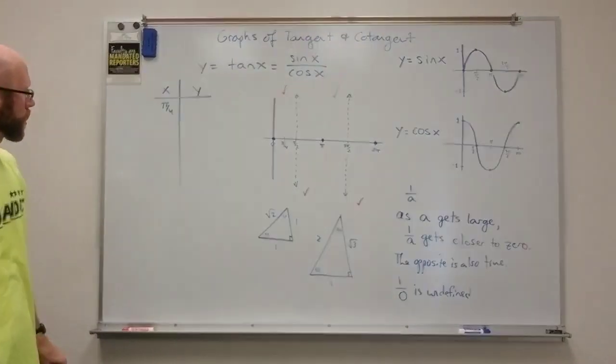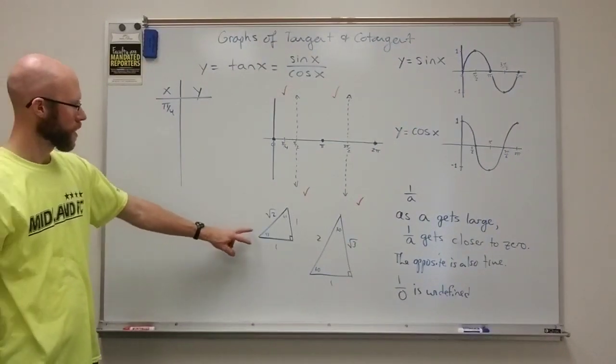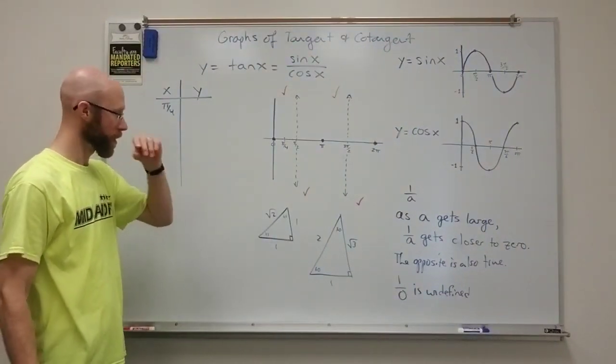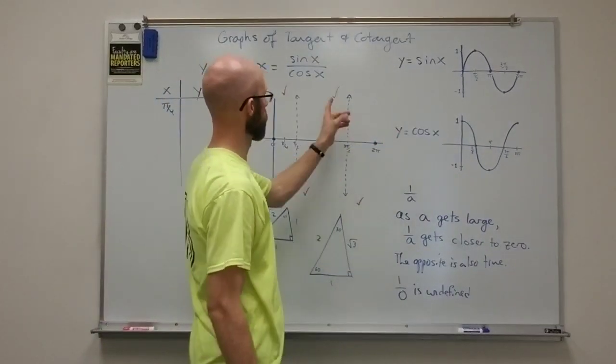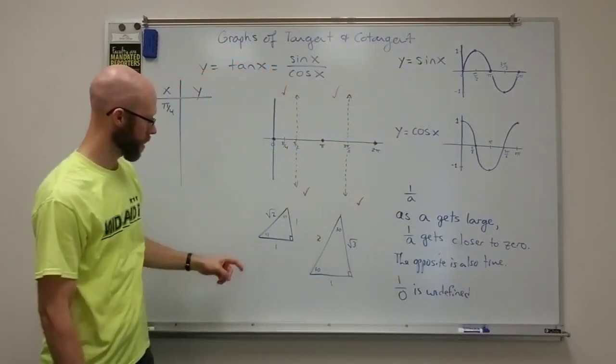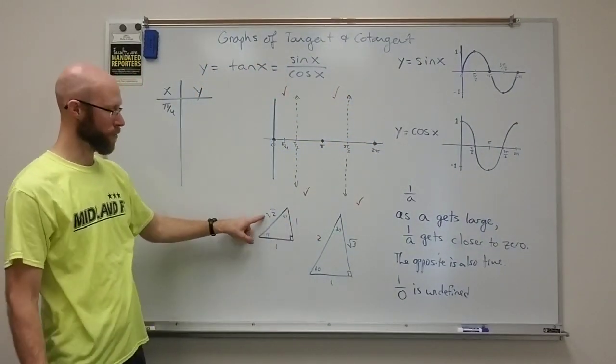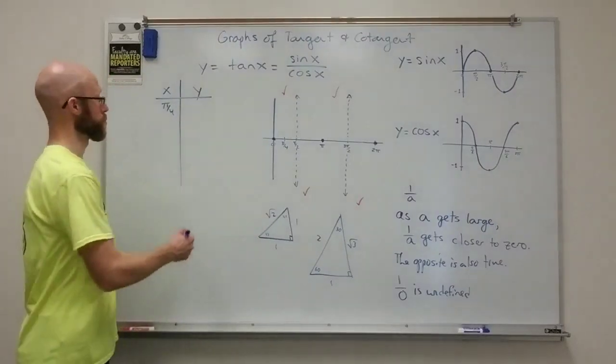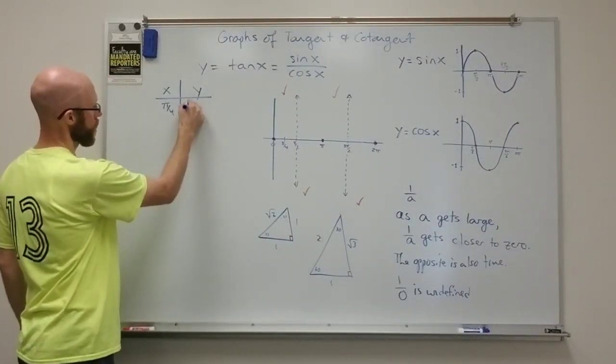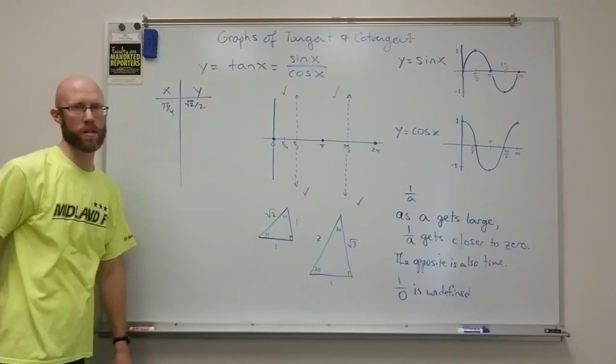So with the pi over 4, that's a 45-degree angle. And when we look at it, the sine of pi over 4 is opposite over hypotenuse. That's 1 over root 2, or we've called that root 2 over 2 when you rationalize the denominator.